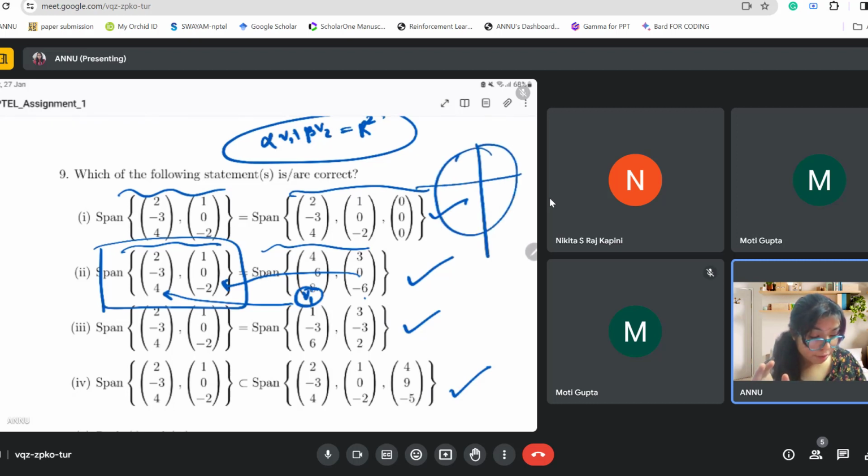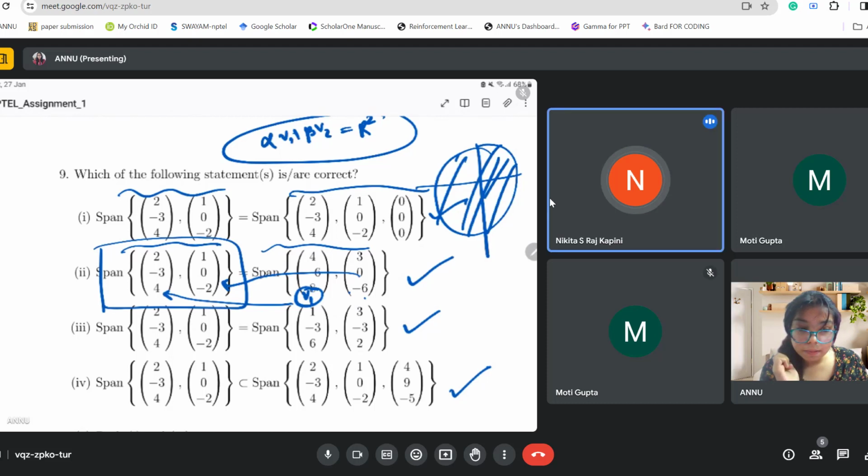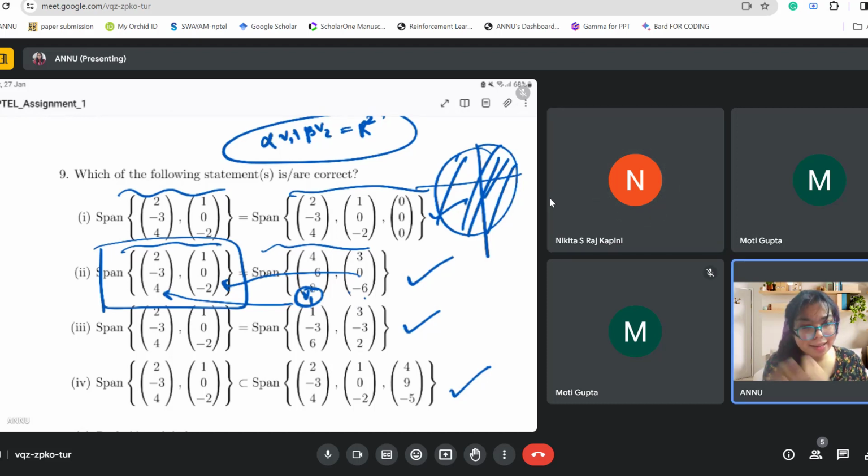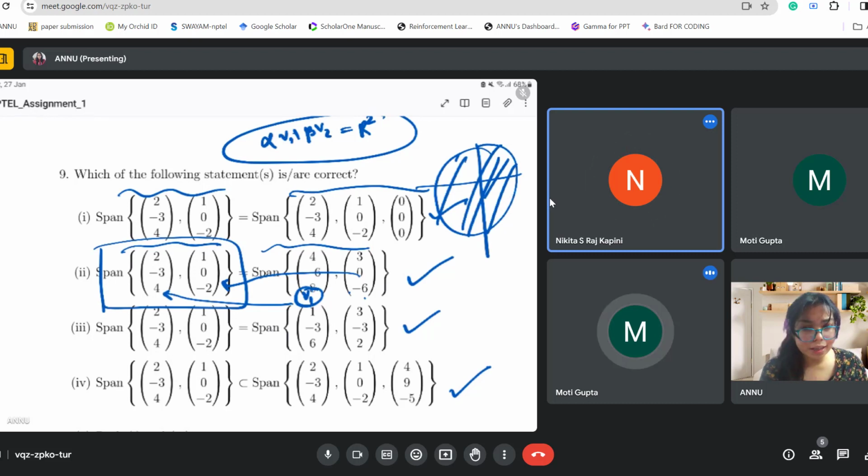This is also spanning the whole 2D. This is also spanning the whole 2D. Then definitely this will be equal, right? Then only we can write equal. In other words, it is spanning the same thing, then we can say it is equal. Okay, it was a very good question.